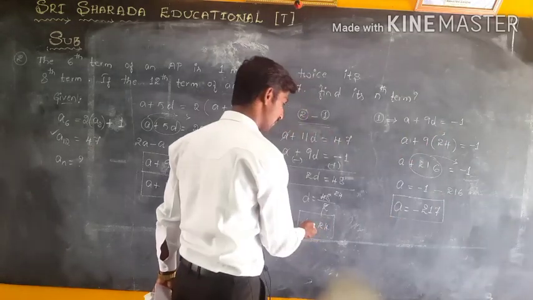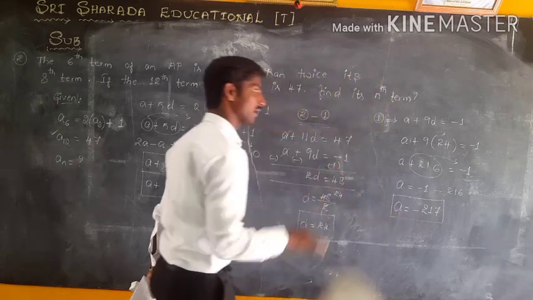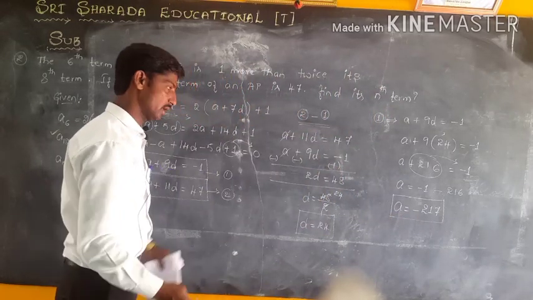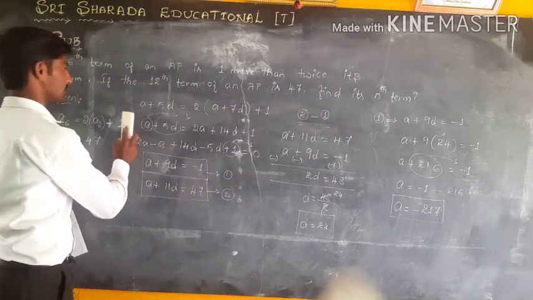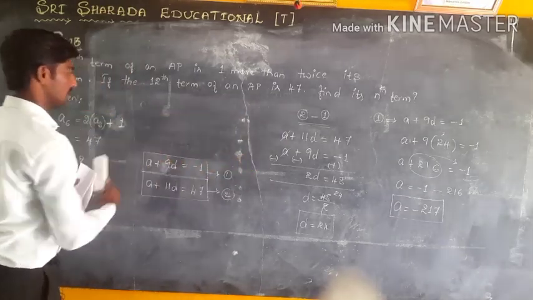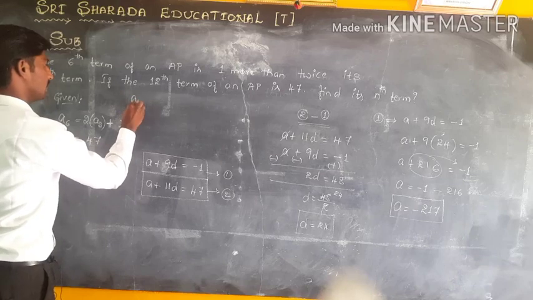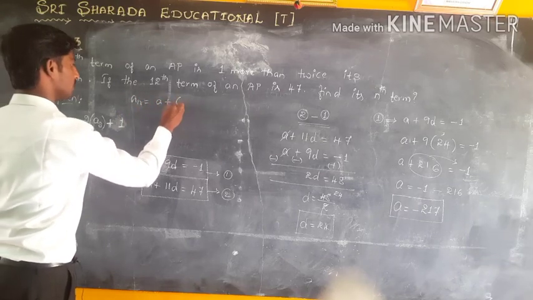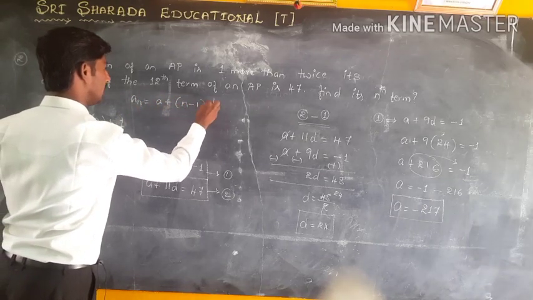So we have the D value, we have the A value, so we can find the nth term of the AP. What is the required formula for the nth term of an AP? It is an is equal to a plus n minus 1 of d.